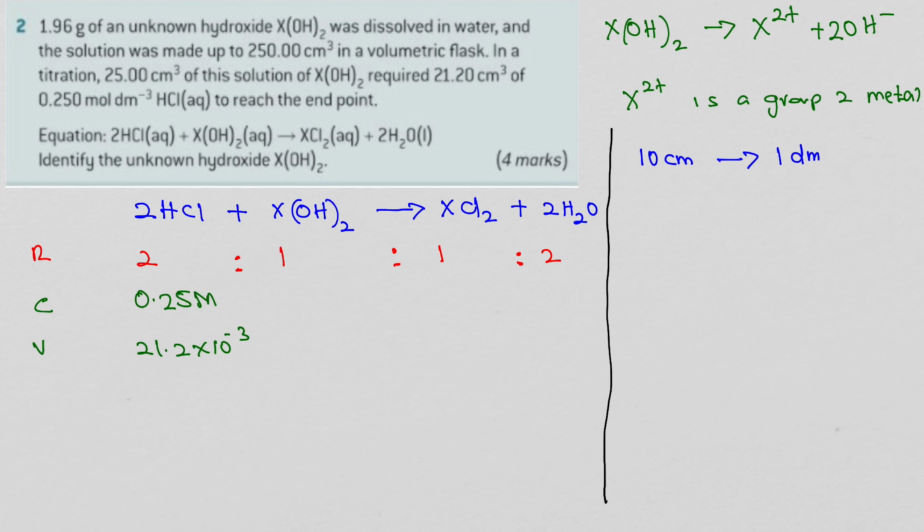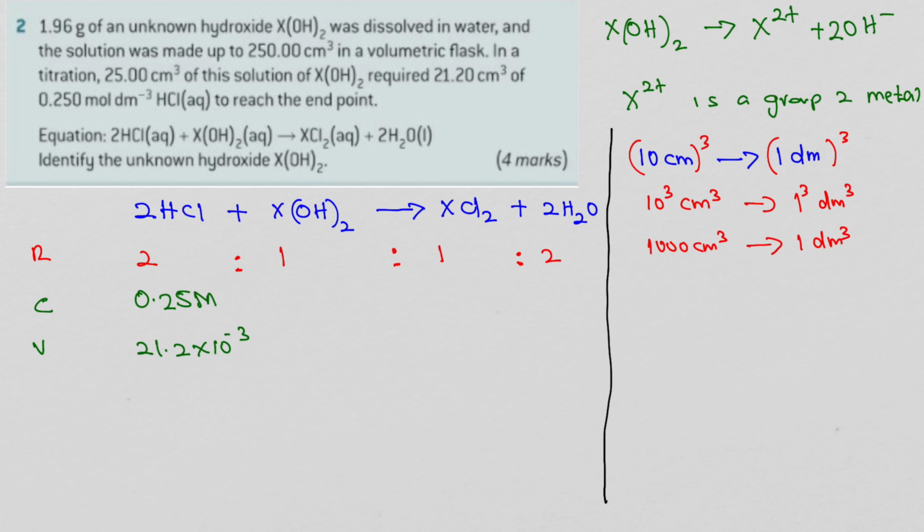And if I cube it like that, then I have to cube that, and that implies that 10 to the power 3 centimeter cube will be 1 to the power 3 decimeter cube, and that's basically 1,000 centimeter cube gives 1 decimeter cube. So that's why we divide by 1,000 or multiply by 1,000 if we're converting between centimeter cube and decimeter cube.